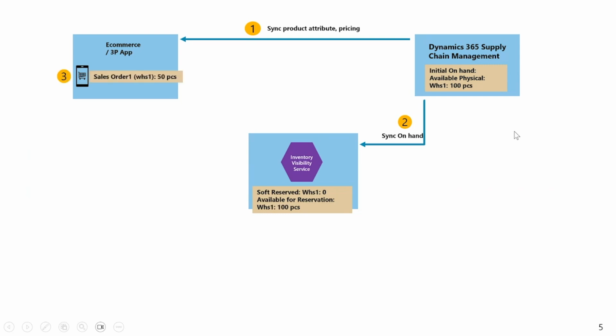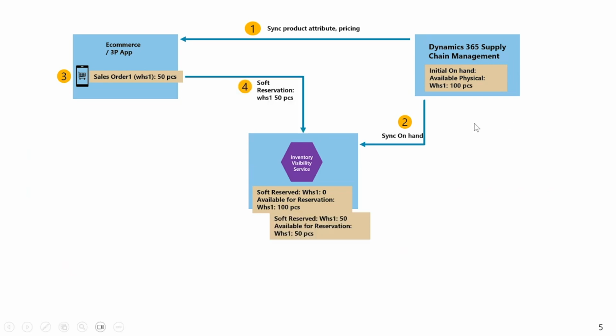In this case, initially, there are 100 pieces available for product in Warehouse 1, which will be synced to Inventory Visibility Service. Next, in the next step of the process, a new order is placed for 50 quantity. Then, e-com site will call the soft reservation API to check available for reservation quantity for a product in specific warehouse.